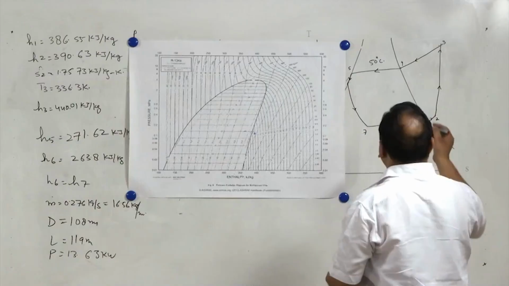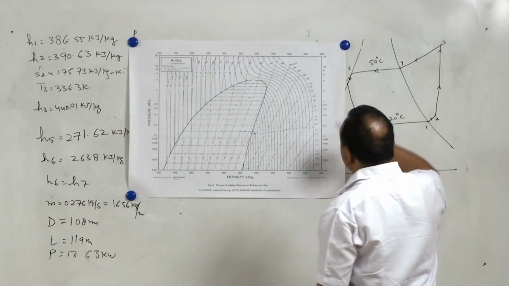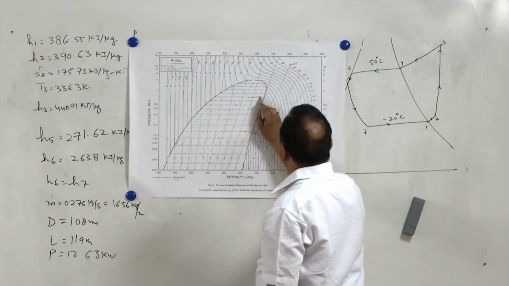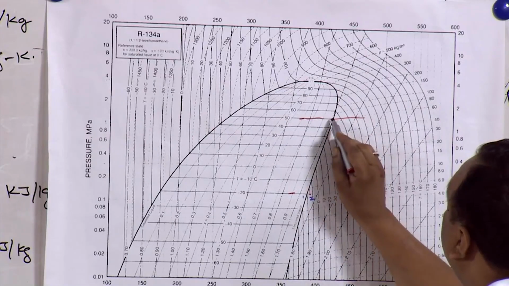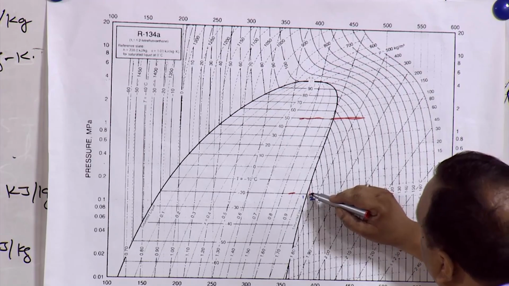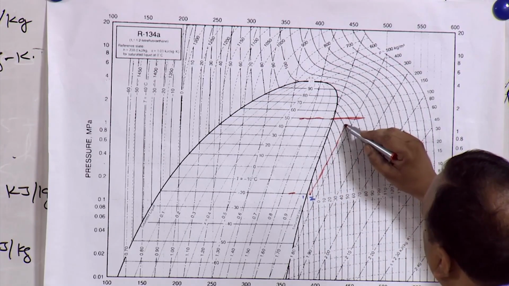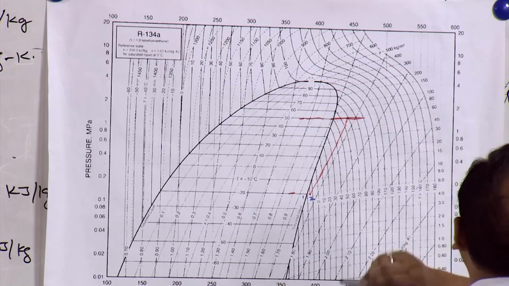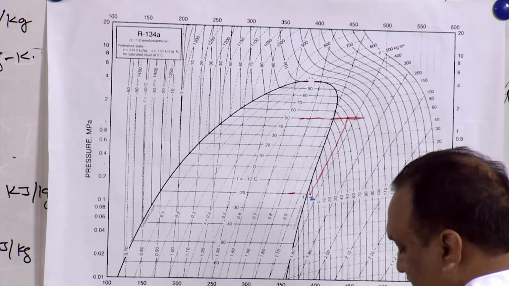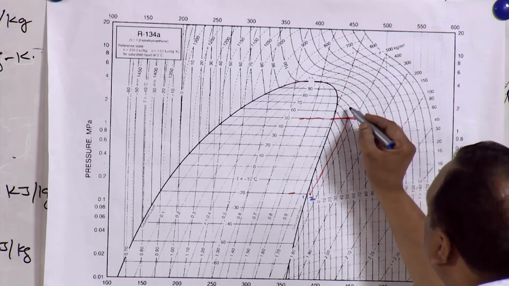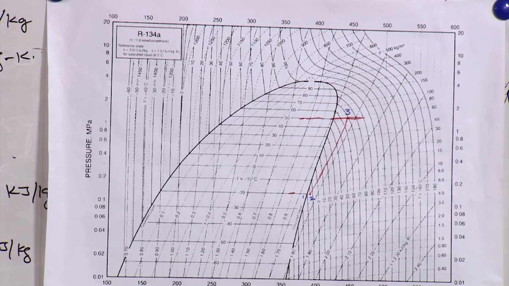Now, after state 2 it is getting compressed and we attain state 3. So, this 50 degree centigrade constant pressure line is extended and a line is drawn along the constant entropy line, and we will be getting this point somewhere here, that is state 3.